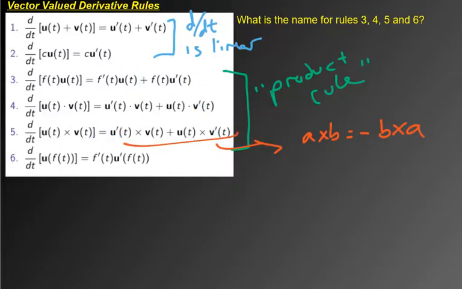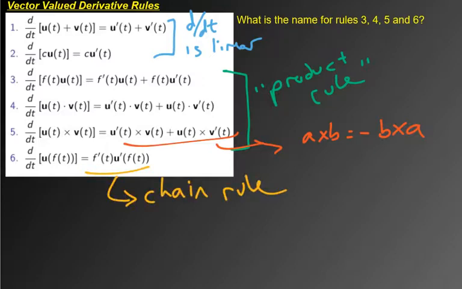If you ever, and there definitely are going to be times where you need to take the derivative of a cross product, you really need to make sure you know that the derivatives are on the outside. Derivatives on the outside.